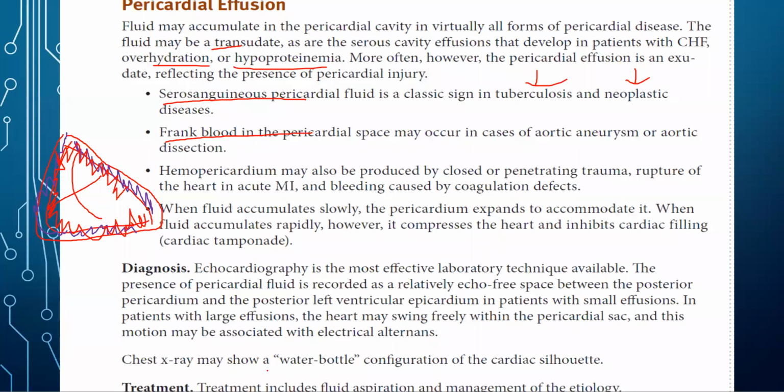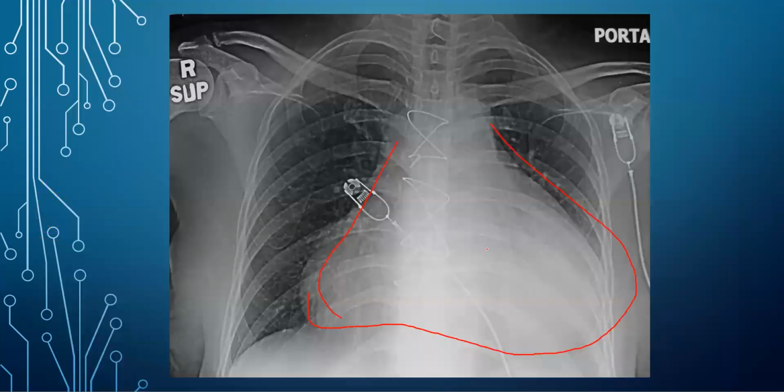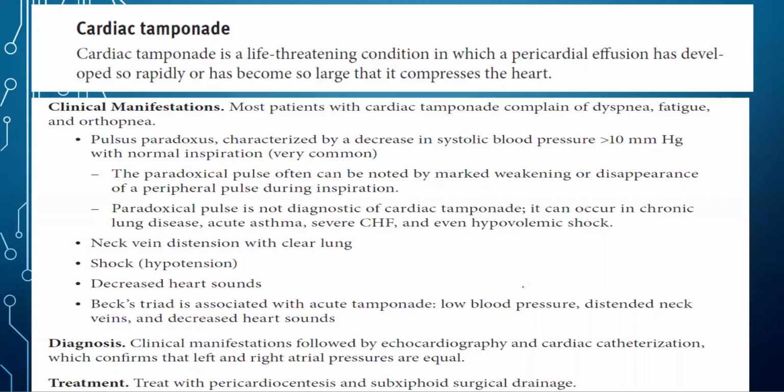Chest X-ray may show a water bottle configuration of the cardiac silhouette. Now, pericardial effusion is not too concerning until it becomes cardiac tamponade. Because cardiac tamponade is a life-threatening complication in which the heart cannot fill in properly because it's being compressed.